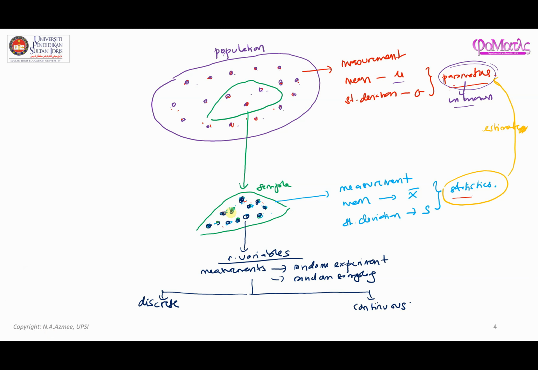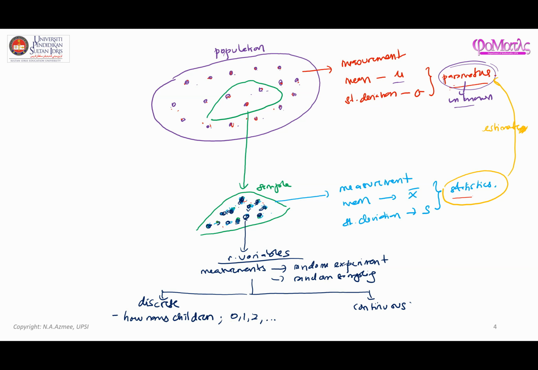For example, let's say your sample consists of a number of people, and you can ask, for example, how many children do you have? This is an example of a discrete random variable because the answers these people give you will be random. For example, some might say I have 1 child, I have no children. So the results you get are in the form of 0, 1, 2, something like that.